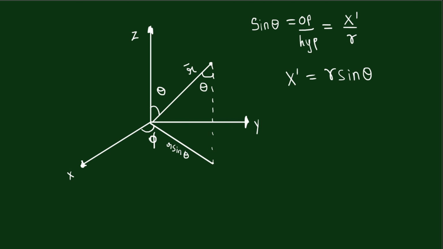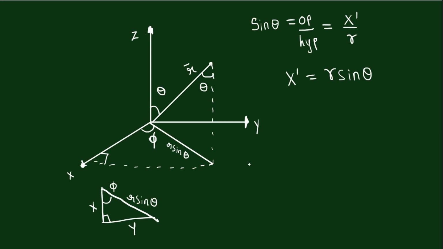Now if we drop a perpendicular from this point to the x-axis, we get a triangle which looks like this. And if you observe, this is our x-axis and this is our y-axis. So let's call this x and this will be our y.